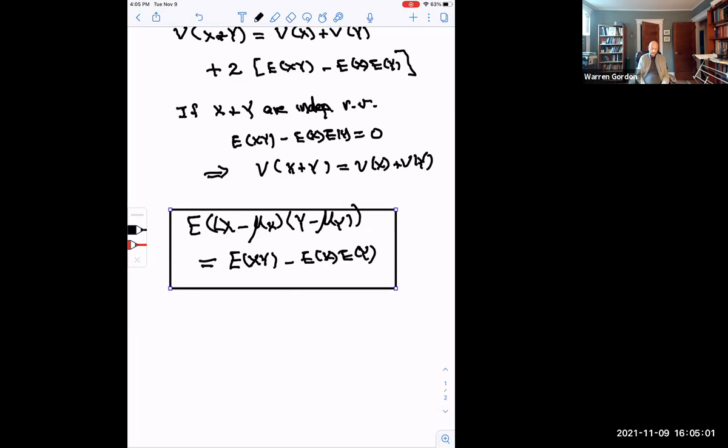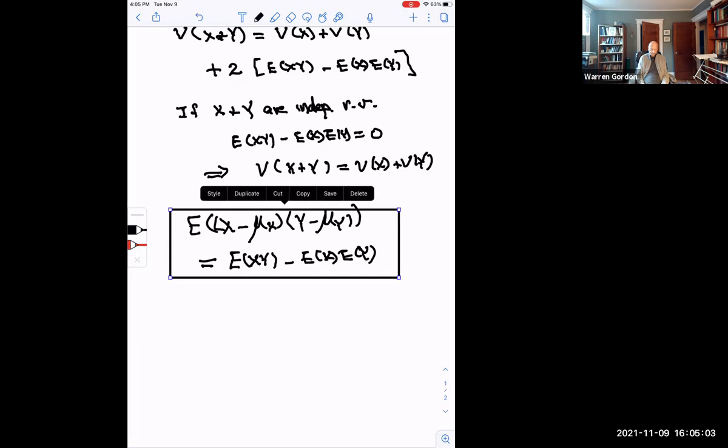That's an interesting result all by itself. And this expression is called the covariance. Sometimes I write it as sigma sub XY. Sometimes I write it as covariance of X comma Y.